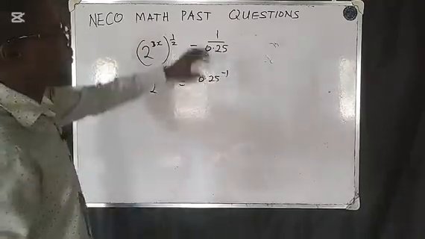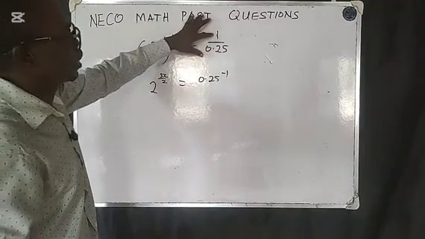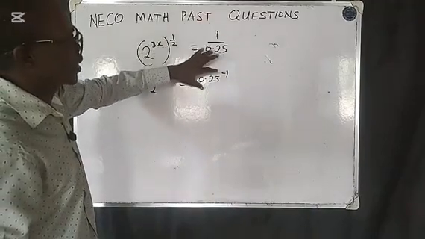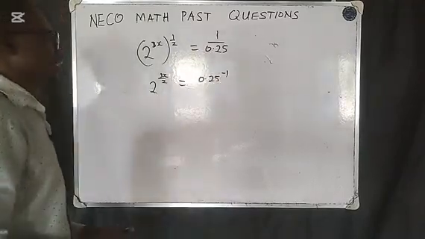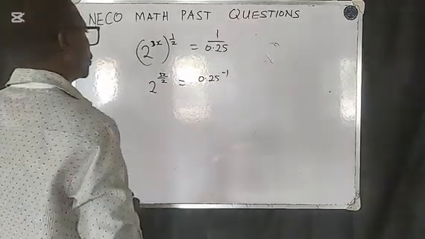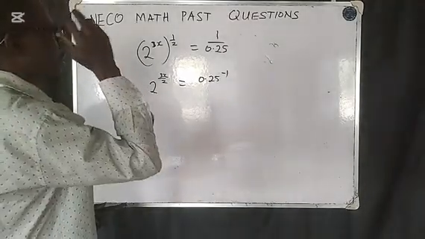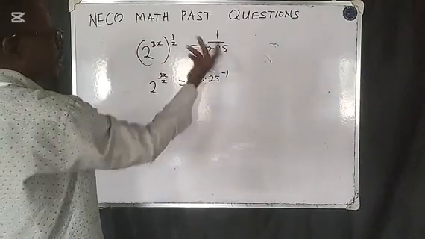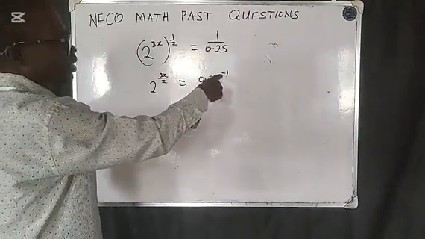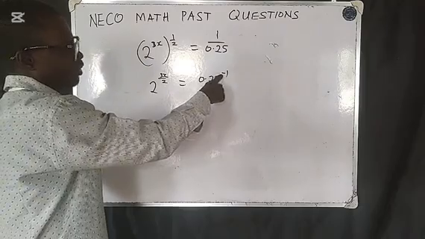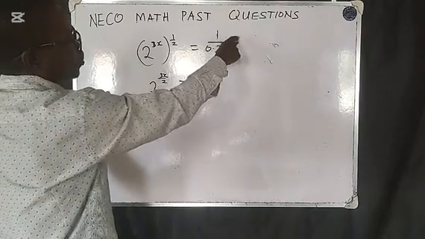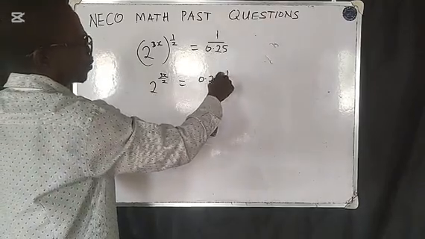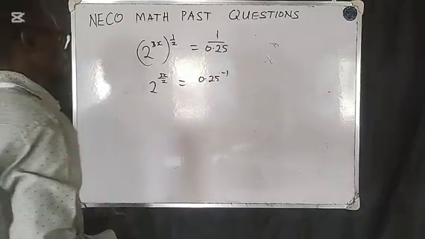So we reciprocate it. Instead of this one being 1 over this, let's write it as if it's a whole number and introduce a negative. There's another law of indices there. Anytime you reciprocate a fraction, always introduce a negative. So negative 1.